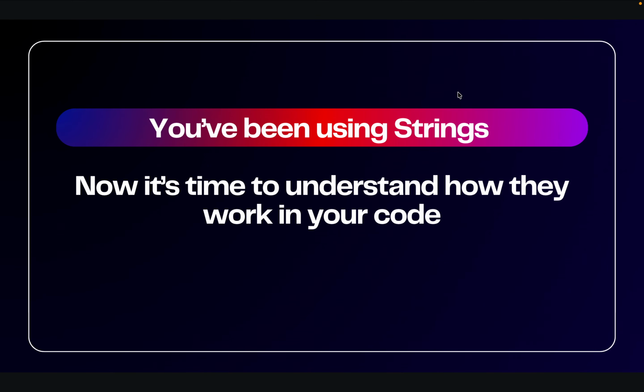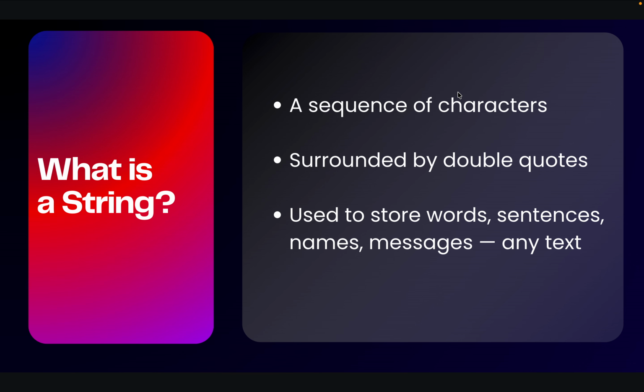So now we're going to take a deeper look into strings, understand how they work, what they're for, and how you will continue to use them throughout your learning journey. So what you need to know is that a string is a sequence of characters. Think of a sequence of characters as letters that make up a word, or they can even make up sentences.